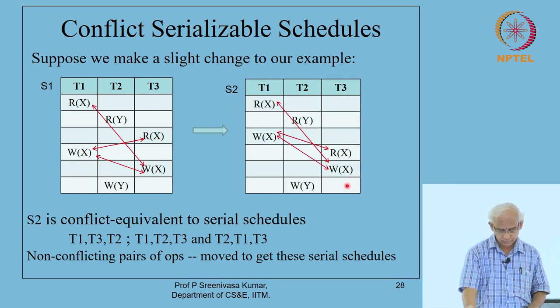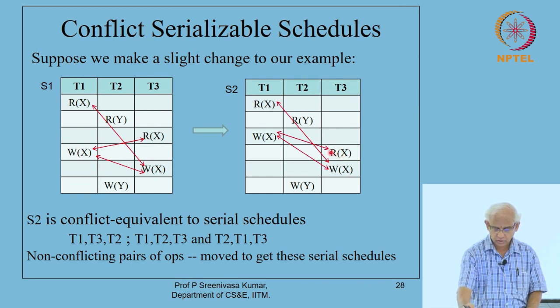Now, you can also see that if you focus on non-conflicting pairs of operations here, for example, this Rx is not conflicting, this Ry and this Rx are not conflicting, etc. So, this Wy is actually not conflicting with anybody. So, what we can do is to swap it with this. So, this Wx comes down, this Wy will go up.